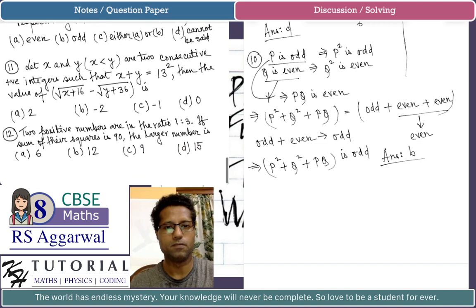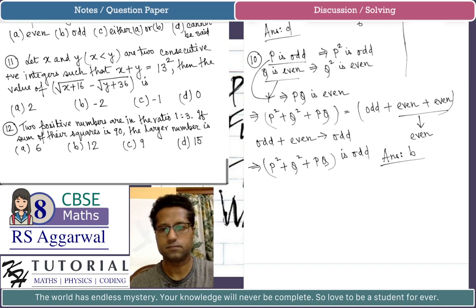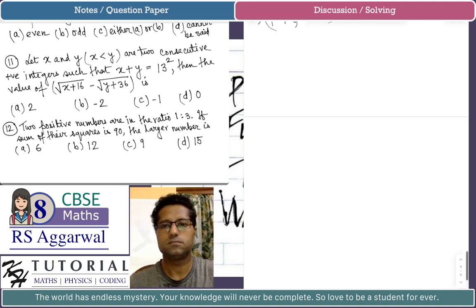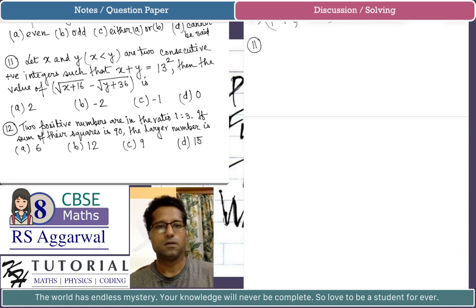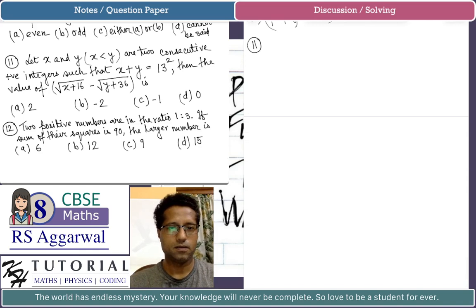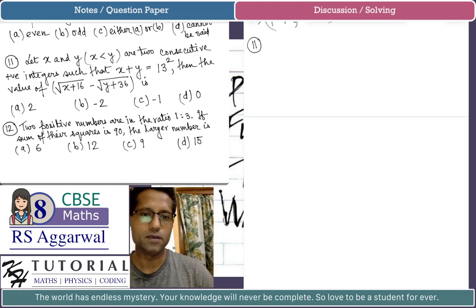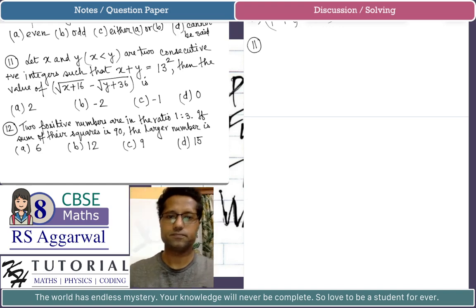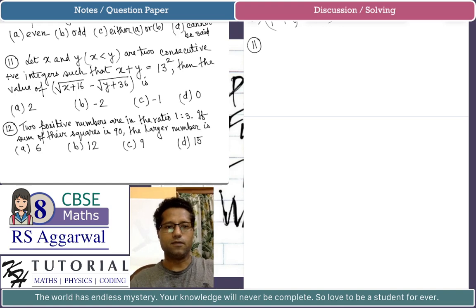Let's do problem number 11. Let x and y, where x is less than y, be two consecutive positive integers such that x plus y is equal to 13 square. Then the value of... Okay.